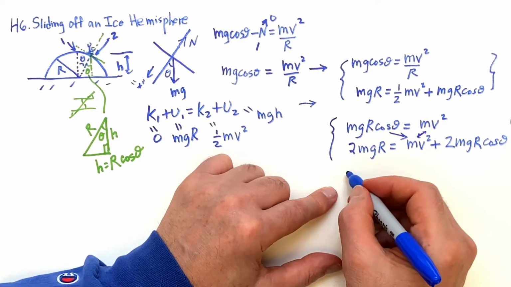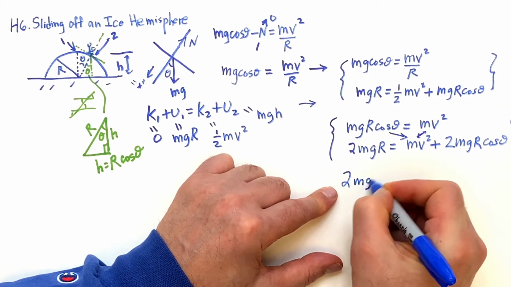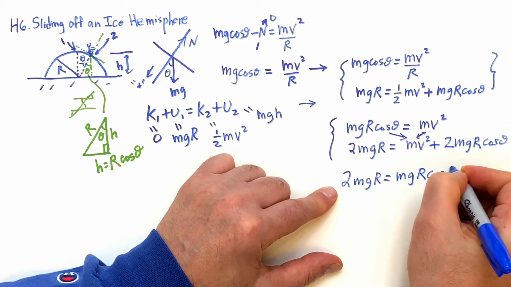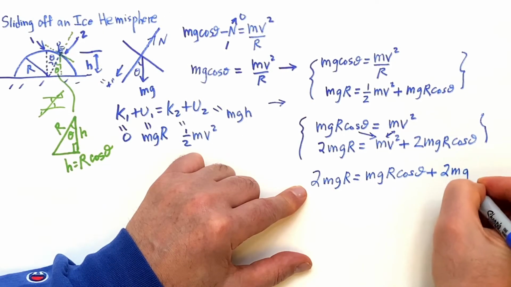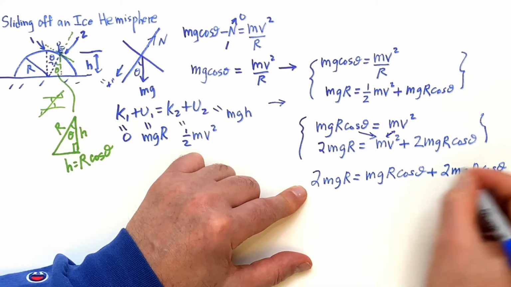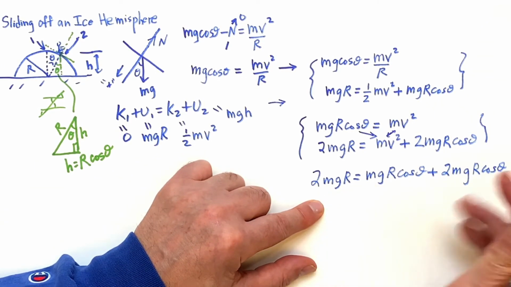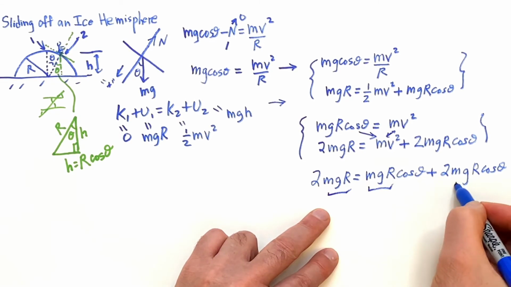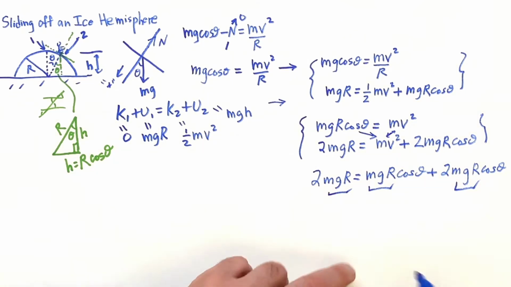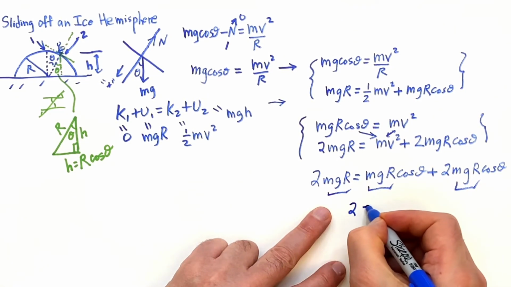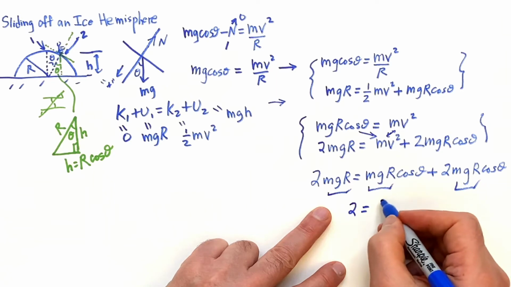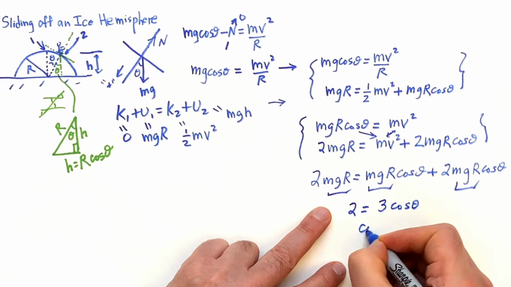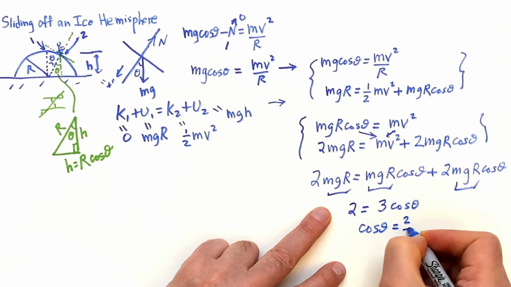And now I get to have one equation. 2mgr is equal to mgr cosine of theta plus 2mgr cosine theta. Now it's time to cancel some things. This is amazing. The mgr is going to drop out of everywhere. This is very nice. So therefore I get 2 is equal to cosine plus 2 cosine, which is 3 cosine. So the cosine of theta is 2/3.